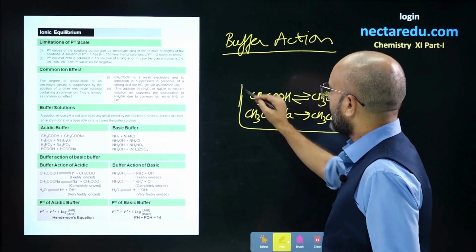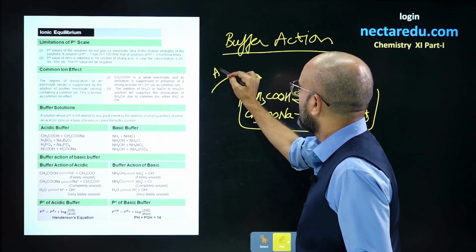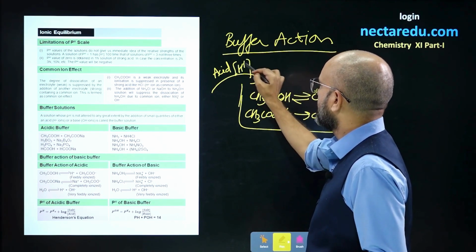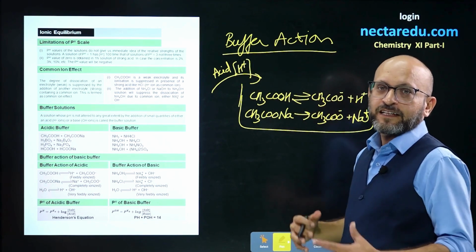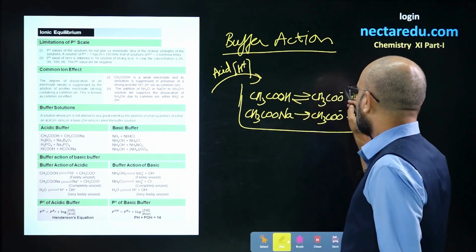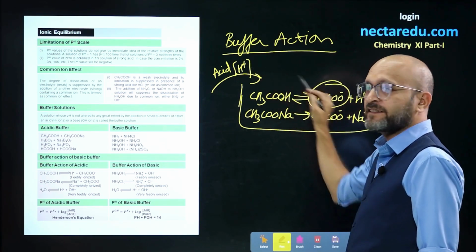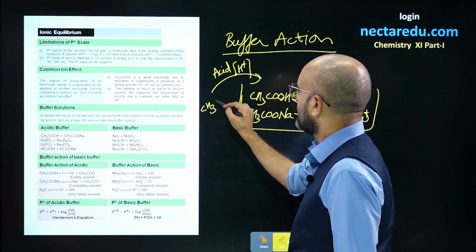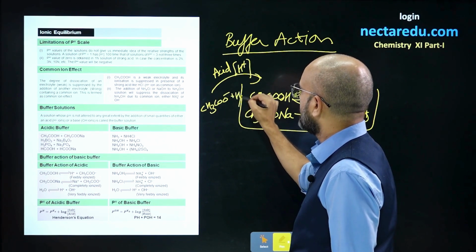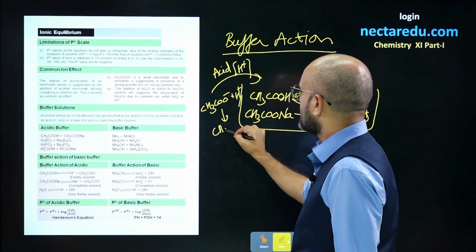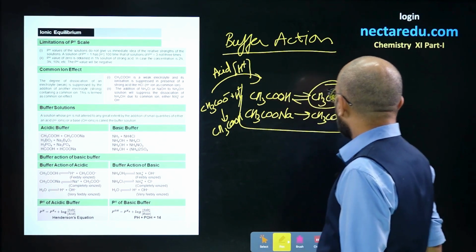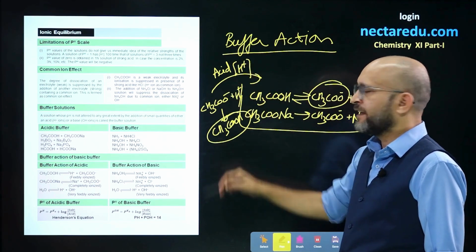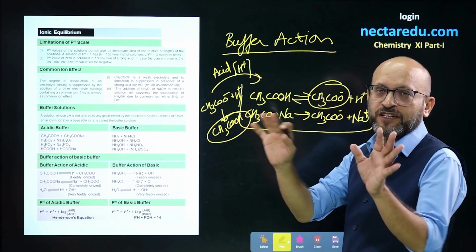Now, if you add a small amount of acid, then you are adding H plus. So if H plus is added, the acidic strength increases. What happens is this acetate ion captures this H plus and forms acetic acid. So this extra H plus is converted into weak acid, acetic acid. So H plus doesn't change pH much.